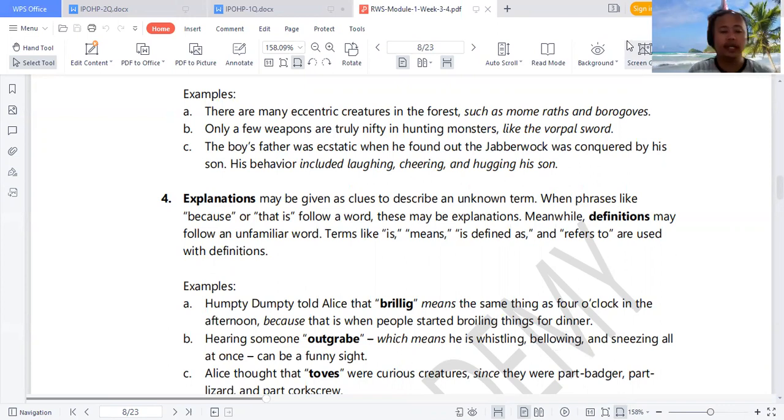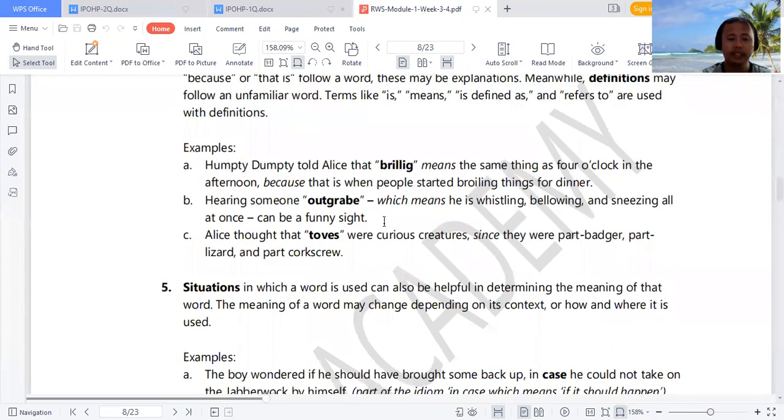Example, letter A: Humpty Dumpty told Alice that brilliant means the same thing as 4 o'clock in the afternoon because that is when people started broiling things for dinner, okay? Or cooking or preparing foods for dinner. Okay, so that's explanation.